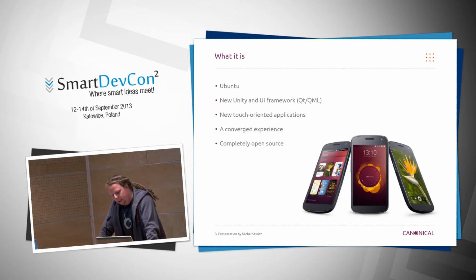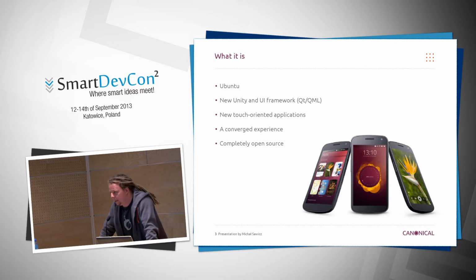There is a new Unity UI. So Unity is the desktop environment that we have for Ubuntu that's been there for almost 2 years now, or over 2 years, depending on how you count it. It's the default in the current long-term support version, 12.04. The version that's there is written in Nux, a technology that we don't want to use anymore.